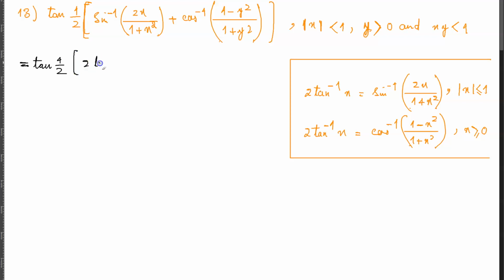So this is 2 times tan inverse of x, and cos inverse of (1 minus y squared) over (1 plus y squared) for these y's would be 2 tan inverse of y, which means that now we need to somehow put these two together.